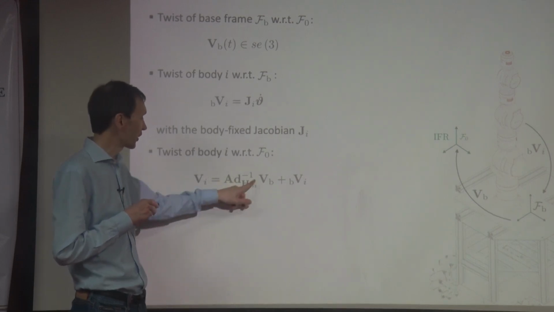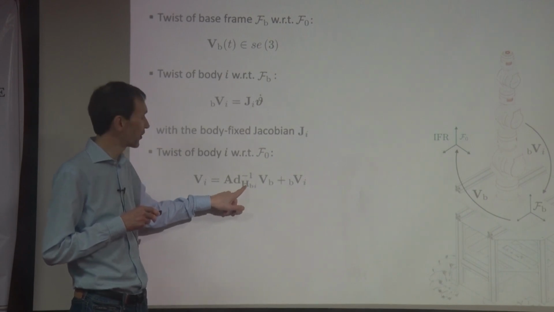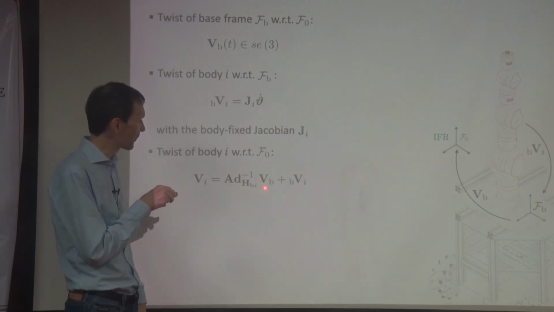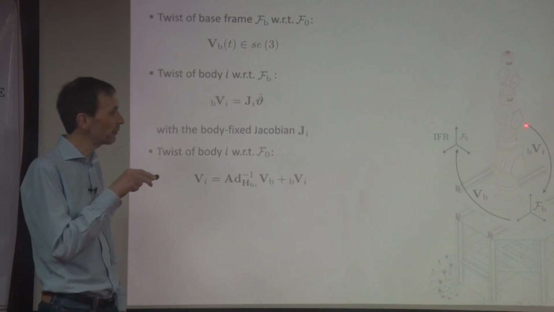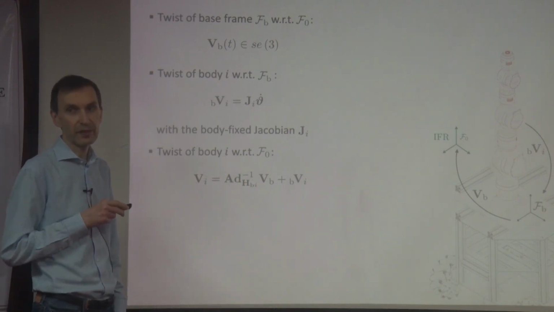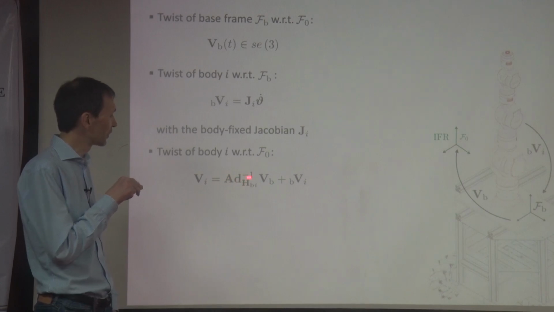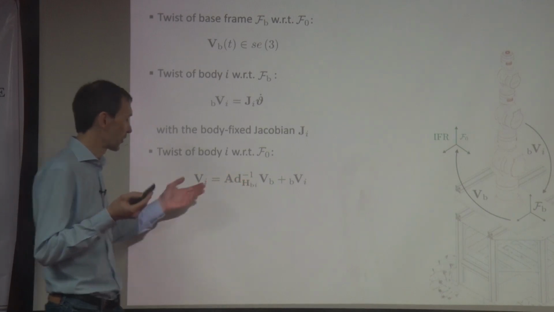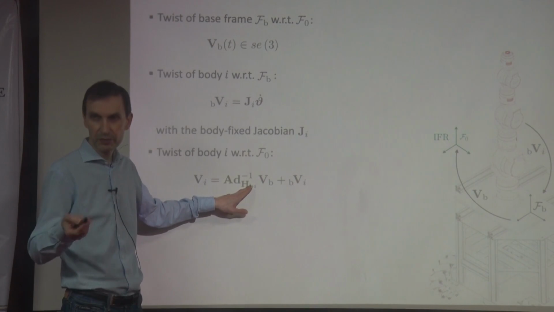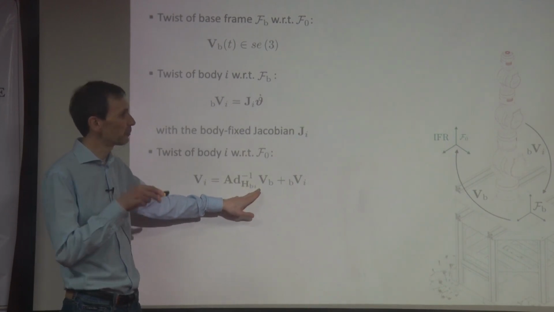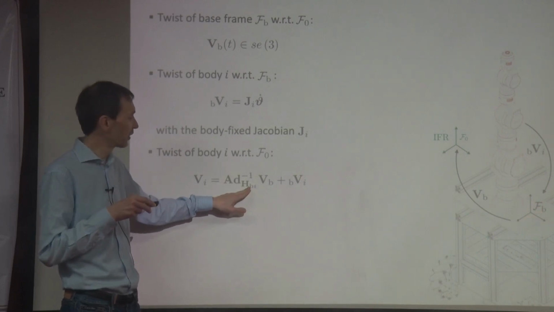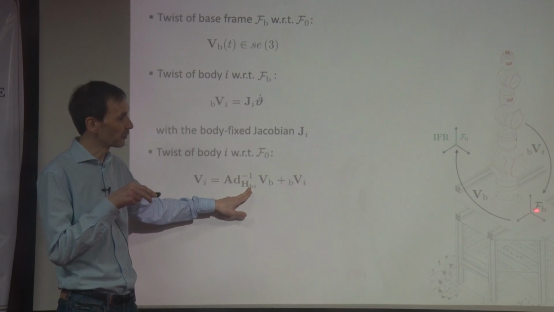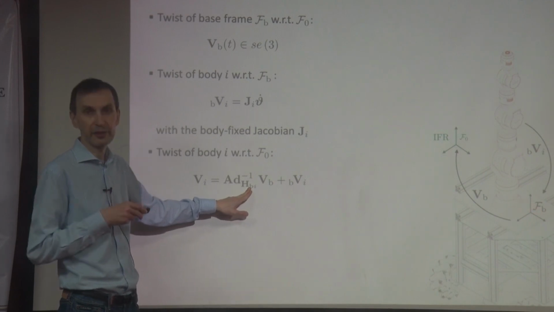And that goes via this adjoint. The adjoint gets HBI. What was HBI? HBI was the pose of body I relative to the base. When I said the pose, I mean this H was the homogeneous matrix transforming from the body I frame to the base. So the inverse would do the opposite, transforming from the base to the I frame.